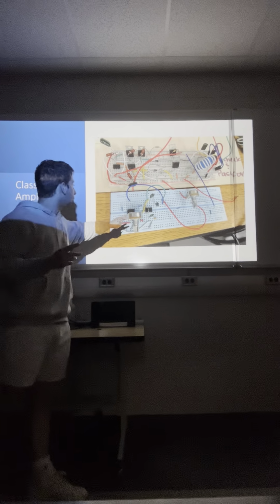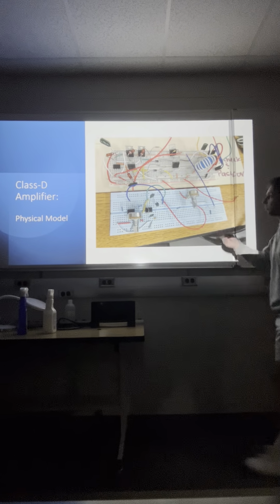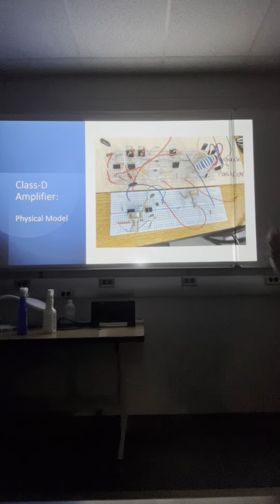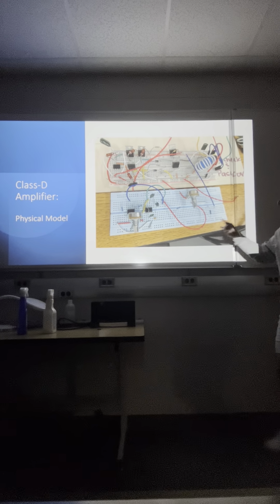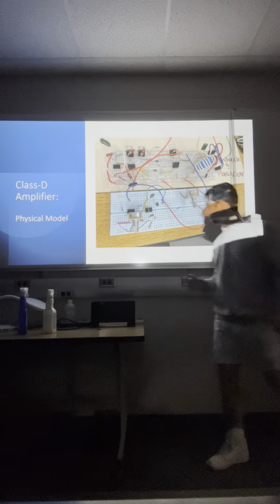The triangle wave generator has a voltage potentiometer that controls the voltage, the amplitude, of the triangle wave. And the next is to control the frequency bandwidth of the triangle wave.